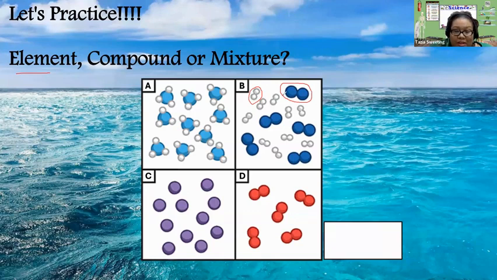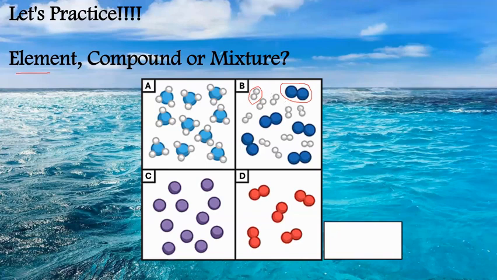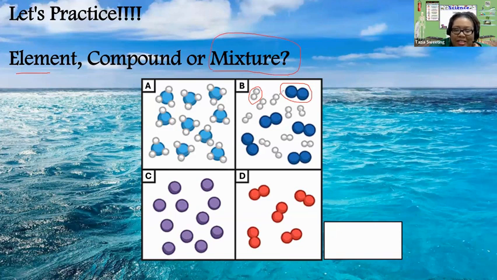But they are still in the same vicinity, still in the same container, let's call it. So we have two different elements physically joined together. What description does that fit? Mixture. Two different elements that are physically joined together, that's a mixture.